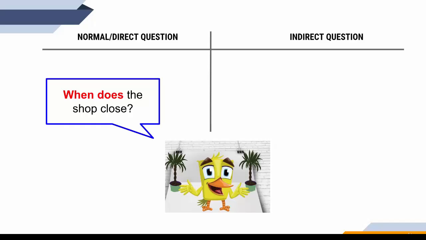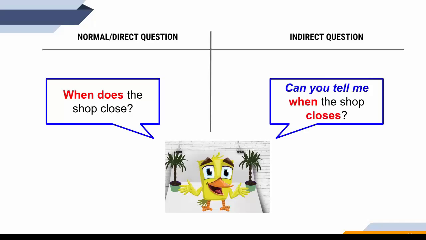Another example. When does the shop close? Can you tell me? And you see, here, in fact, in this first part, is taken the question structure. Can you tell me? Inversion is here, question is here. After that comes the normal affirmative structure. When the shop closes.